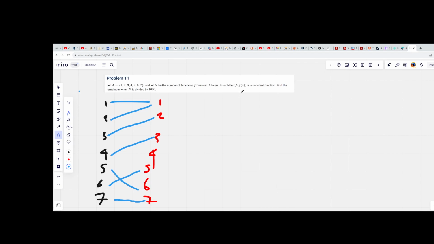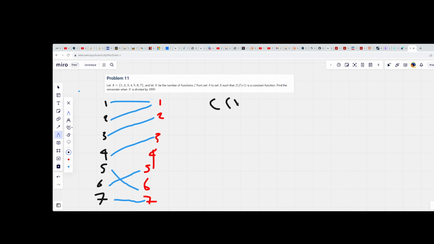So it says that f of x is a constant function. To understand what that means, let's call f of x c of x, because it's constant.